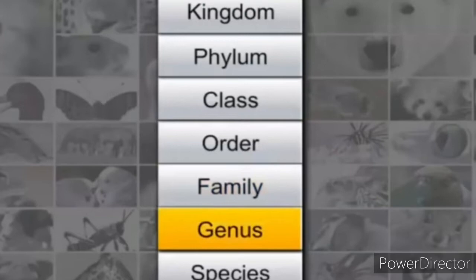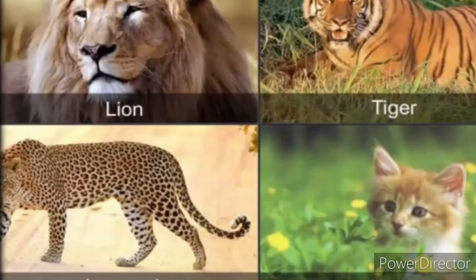A genus is a group of related species which has more characters in common in comparison to species of other genera. We can say that genera are aggregates of closely related species. For example, potato and brinjal are two different species but both belong to the genus Solanum.